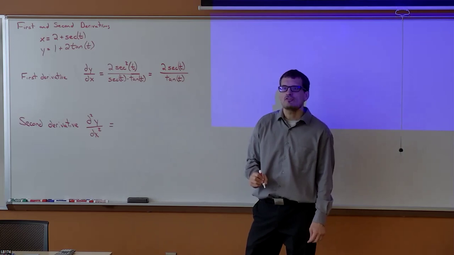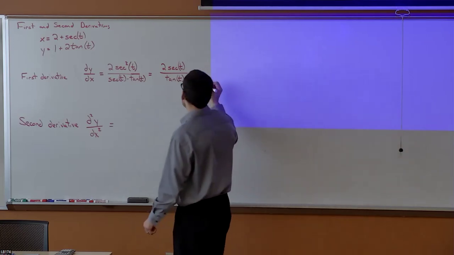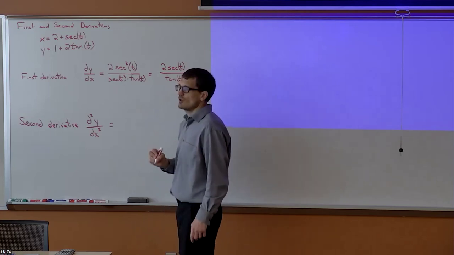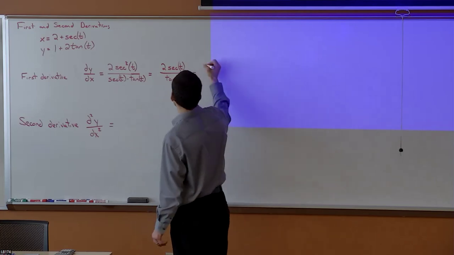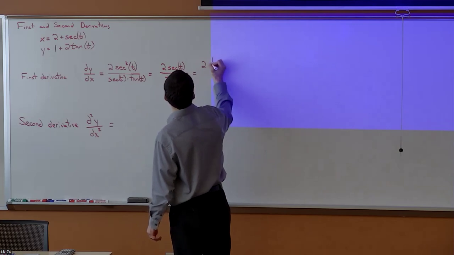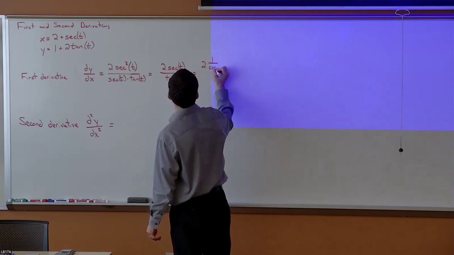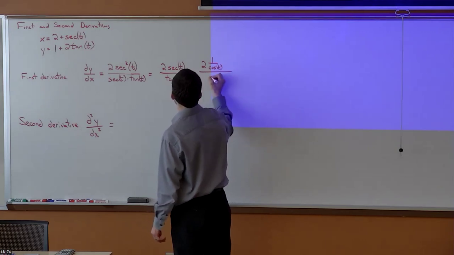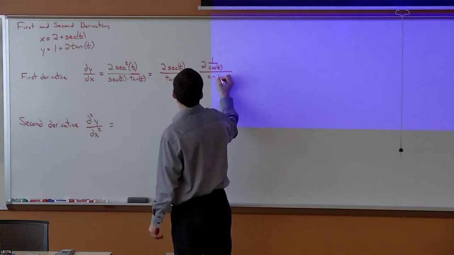And it turns out secant divided by tangent gives you a cosecant. I'll show you why that is. Secant is 1 over cosine. Tangent is sine over cosine.